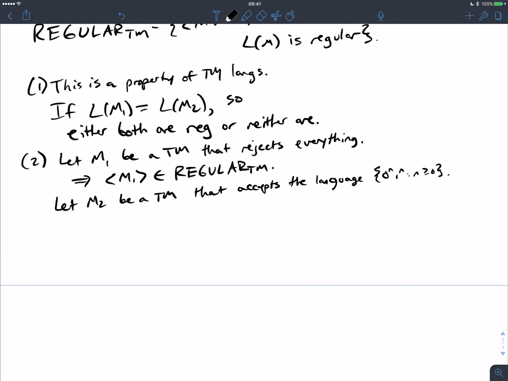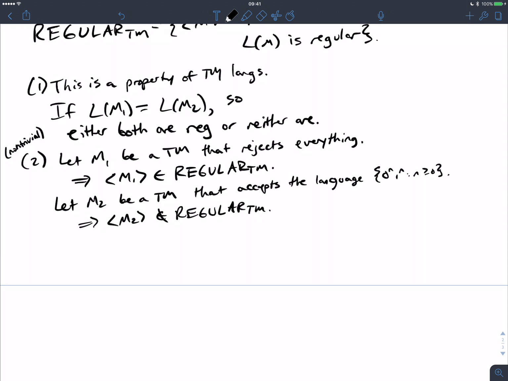Then it's pretty obvious that M2 should not belong to regular TM because it doesn't have a regular language. So M2 does not belong to regular TM. So I should note that 2 is for non-trivial. That's what I wanted to show in part 2.